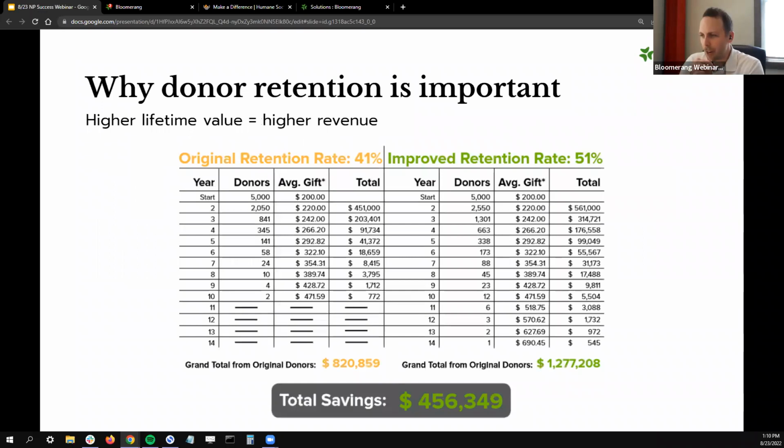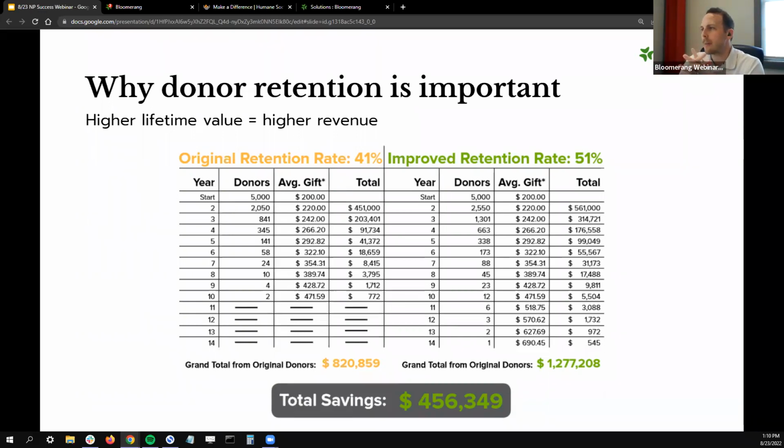But here's a really scary slide with a lot of math and numbers on it. This is really just highlighting what can happen to the grand total of your fundraising efforts with a 10% increase in retention. On the left side of this table, below the orange, this is a nonprofit that operates at a 41% retention rate.